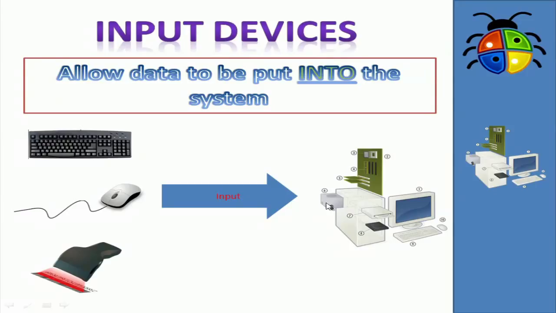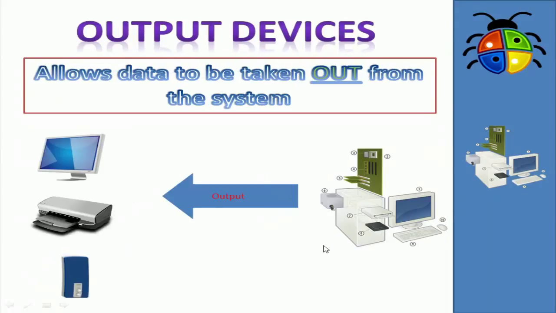The alternative, or the opposite, I guess, of an input device is an output device. With an output device, we're trying to take data from the system and put it out into some kind of external medium, whether that be light or printing or sound. For example, a monitor can take the data on the computer and show it as light, show it as a visual thing.